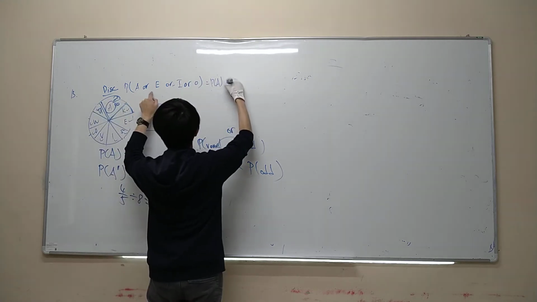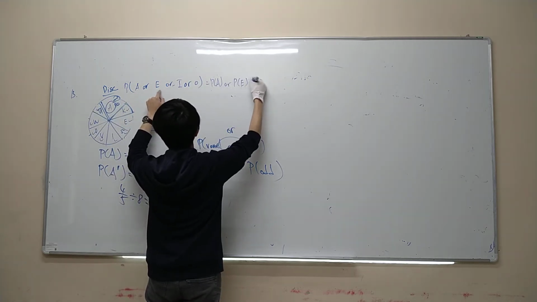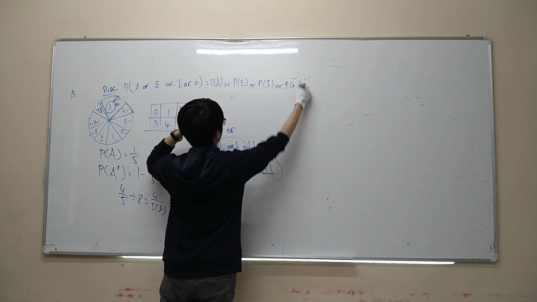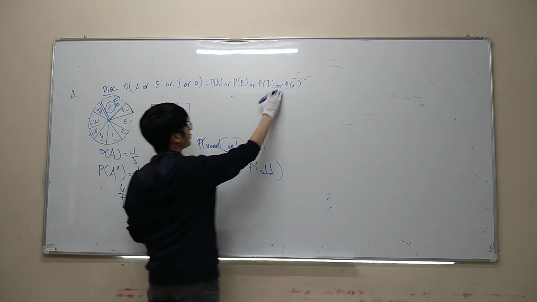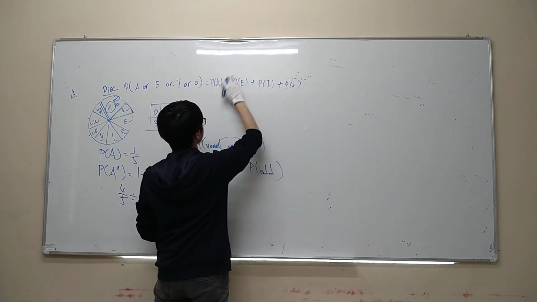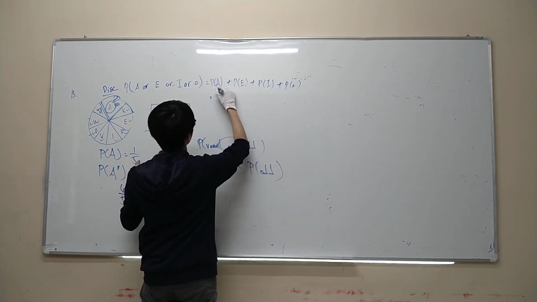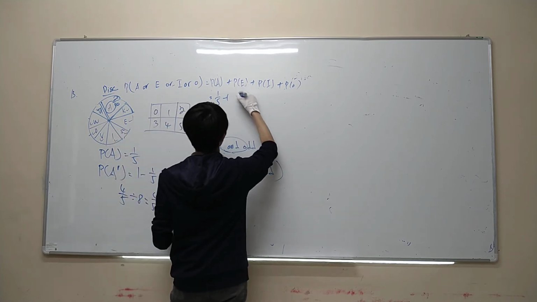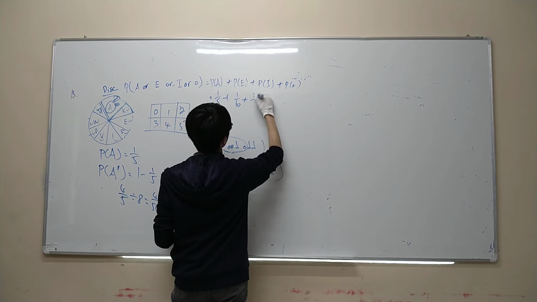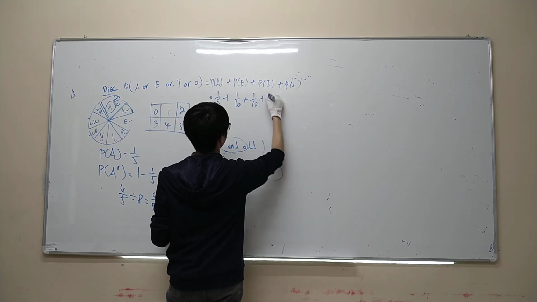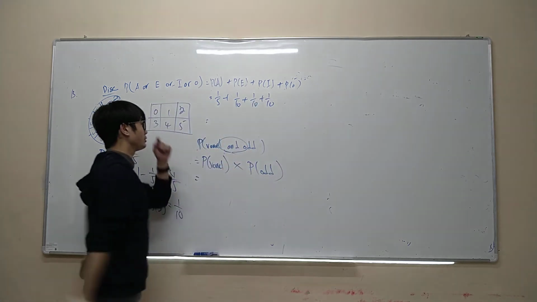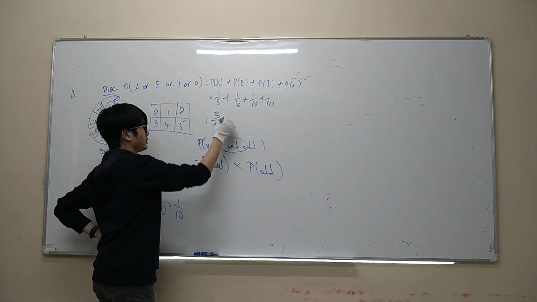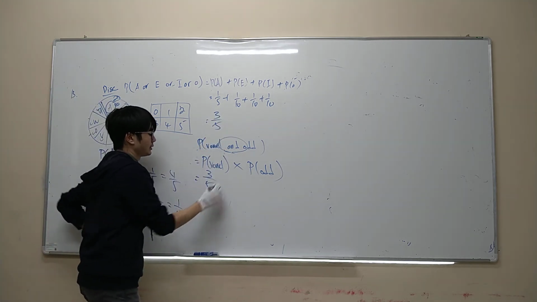So probability of A or probability of E or probability of I or probability of O. And kalau N you darab, kalau O you tambah. So what's probability of A? 1 over 5. What's probability of E? 1 over 10. Okay? Probability of I is 1 over 10 also. Probability of O is 1 over 10 also. And if you add all of this together, you get 3 over 5.